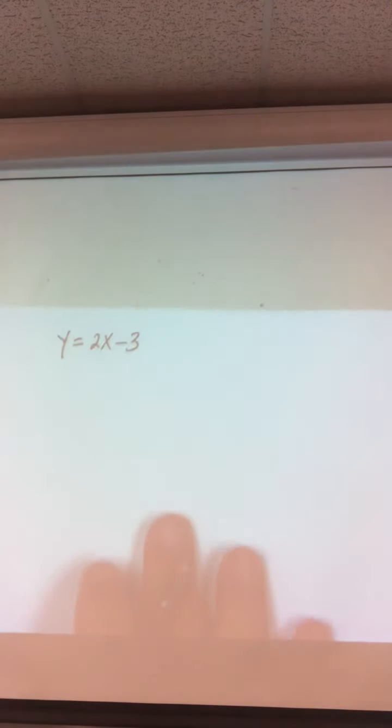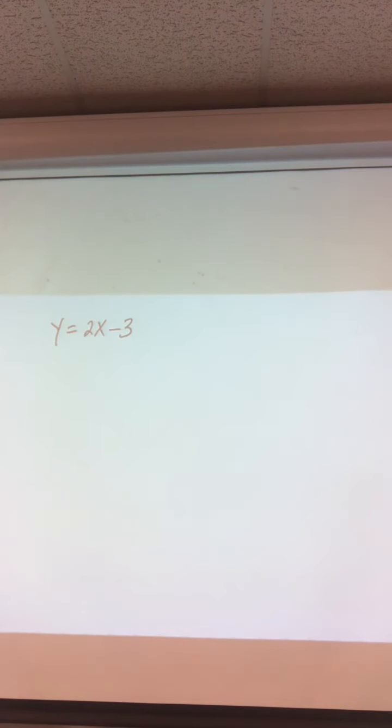Now, let me talk about a couple of things that you'll see in your homework. Most of the problems in your homework, your linear equation is solved for y, like something like this. So in other words, the x and the y aren't on the same side.